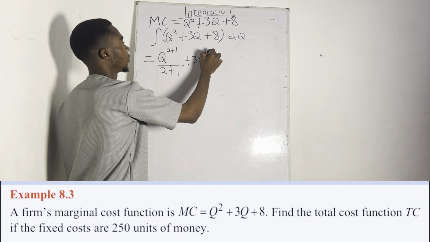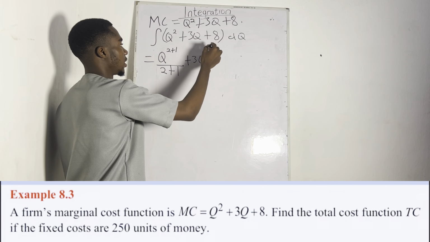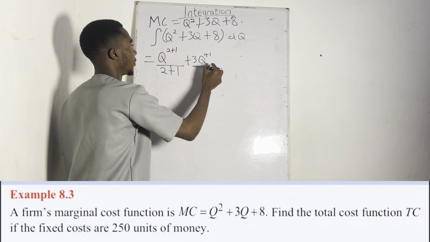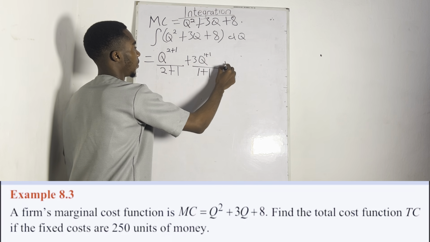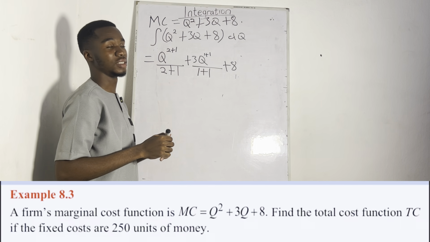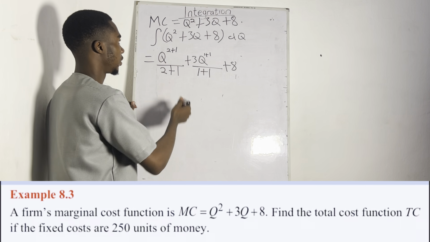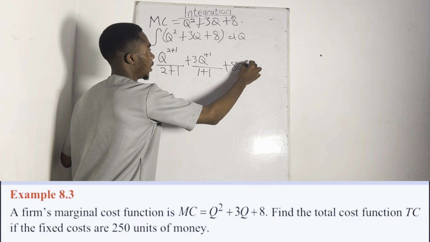Then add 1 to the exponent, and this will be over whatever is at the exponent, which is 1 plus 1. Then plus 8. I said that when you have a number and you are integrating it, you just add a variable to it. Here you are dealing with q, so plus 8q. Then you add your plus c.